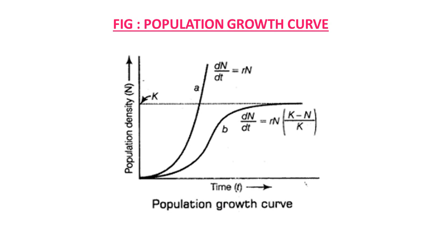Now we know some basic calculation. We can also calculate the integral from the exponential growth equation, that is Nt is equal to N0 e to the power rt. So this way, the population density after time t is Nt, N0 means population density at time 0, r is the intrinsic rate of natural increase, and e is the base of natural logarithm, that is 2.7.